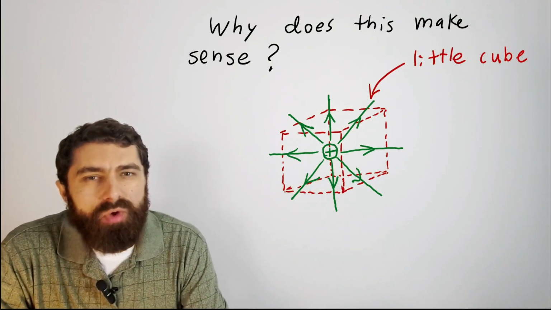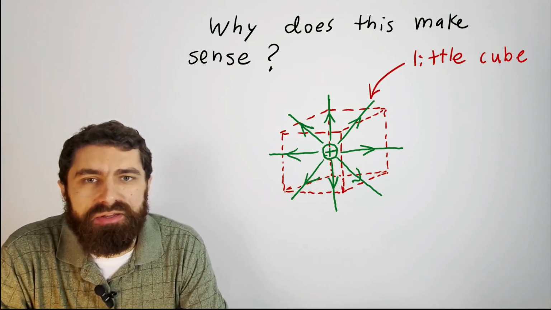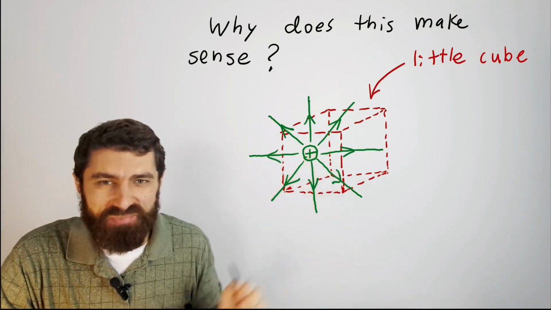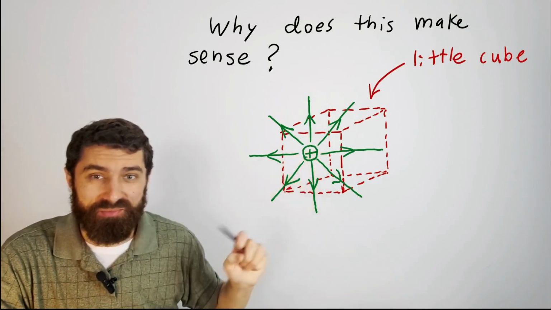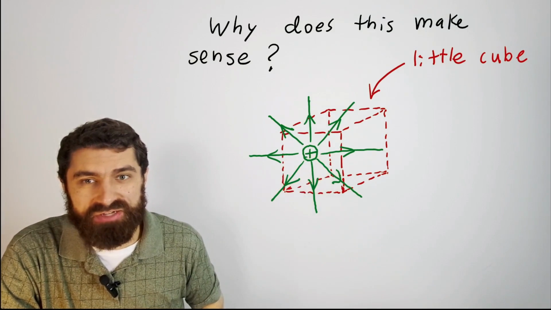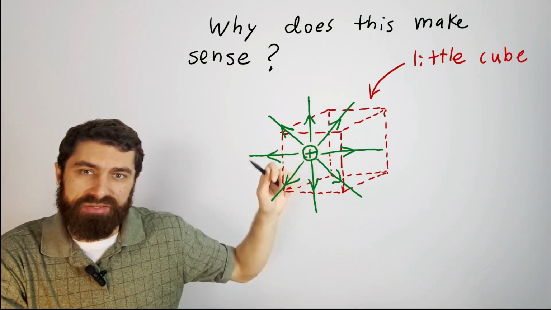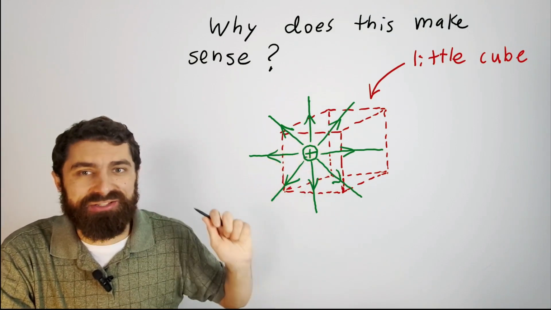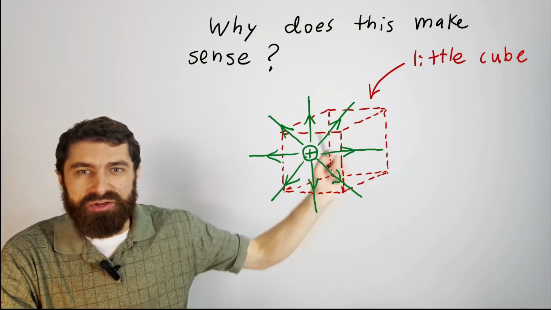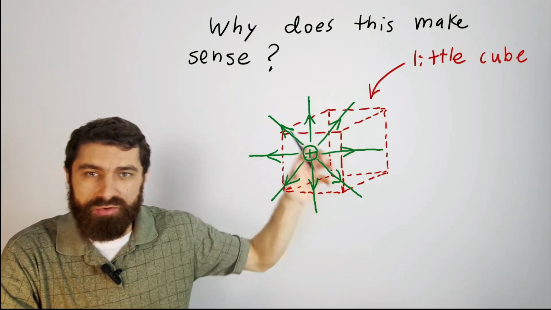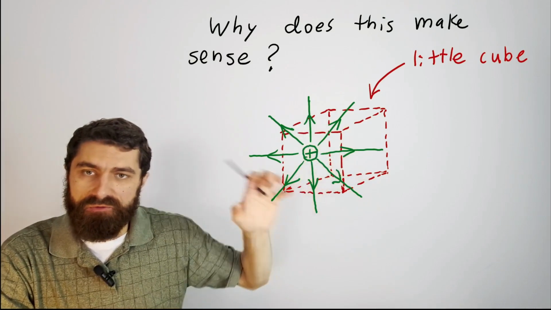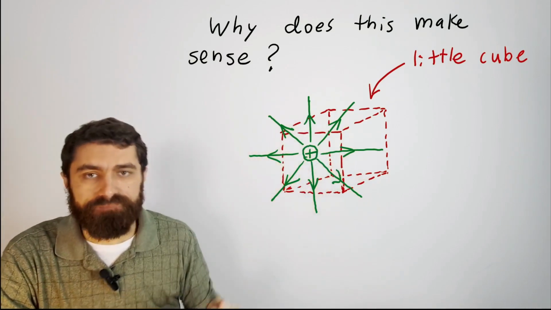But I want you to think about what happens if you shift the charge just a little bit. You still keep it inside the cube, but shift it a little bit. What will happen to the divergence or the flux? Well, my prediction is that it actually will be the same. It will be the same flux, no matter if you move it around. As long as the charge is inside the cube, the flux will not change.